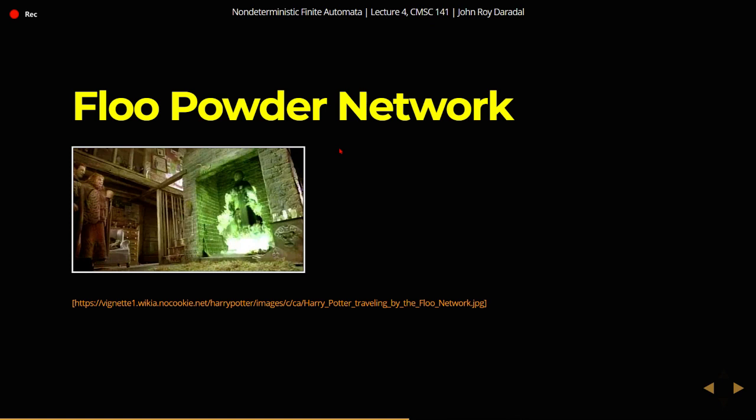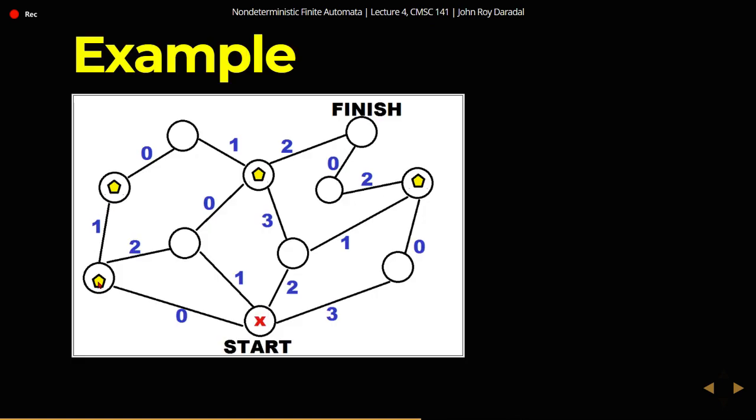There's a portal here and a portal here, and you can teleport from here to here without going through the bridge, or from this portal to this portal without crossing any bridges. So that's a free teleport to any other state with a portal if you use epsilon NFA. That's your little analogy.